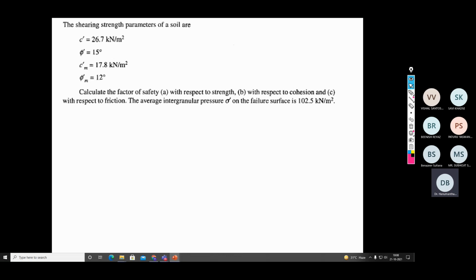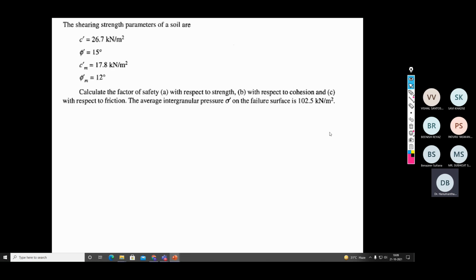Upon further increase in the stress, the mobilized strength moves from 17.8 to 26.7 and from 12 to 15, so there is a dislocation of the mass leading to the landslide. That means when it reaches the c' and φ' values, no slope exists in that location. This is the difference between c' and c'm.